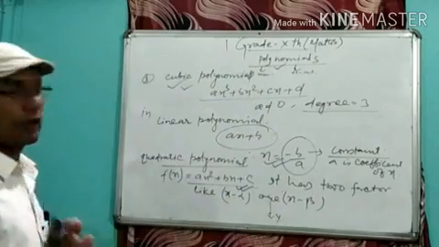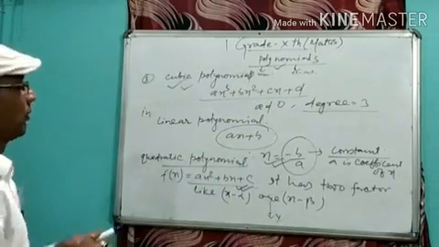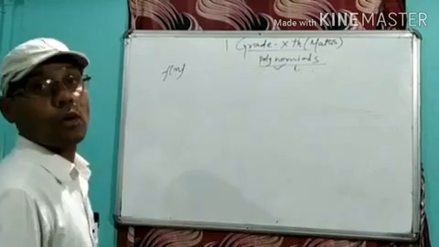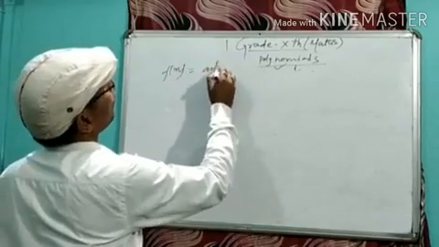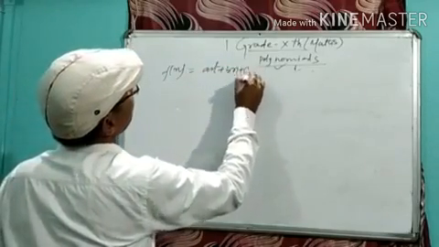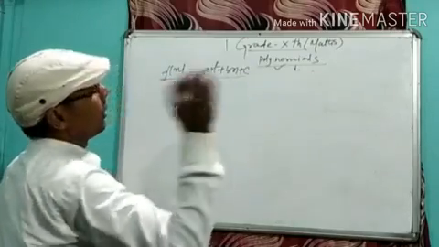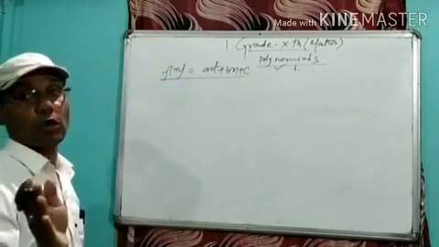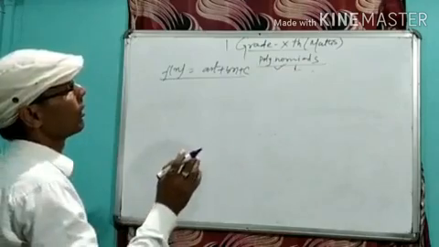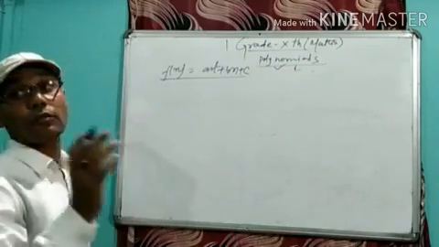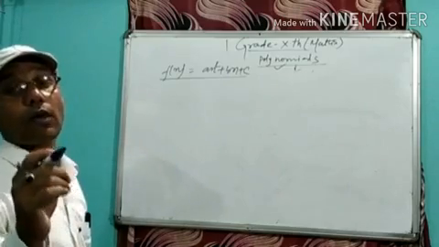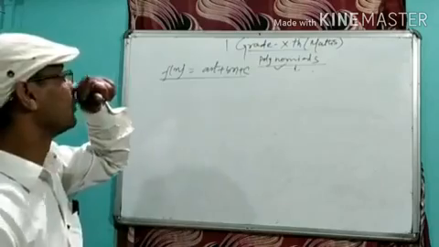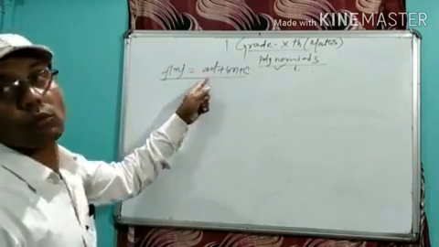Okay, I am going to erase the blackboard. Here, f(x) is equal to ax square plus bx plus c. You know, I told you by the factor theorem, it has two factors. What are they? x minus alpha and x minus beta. Here alpha and beta are the zeros of the quadratic polynomial.